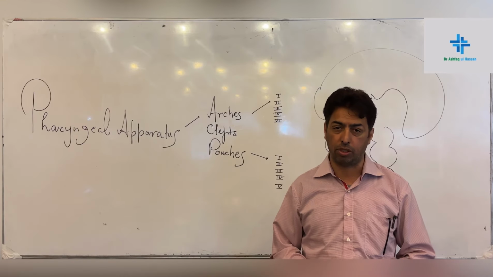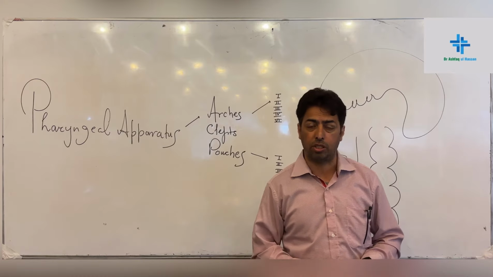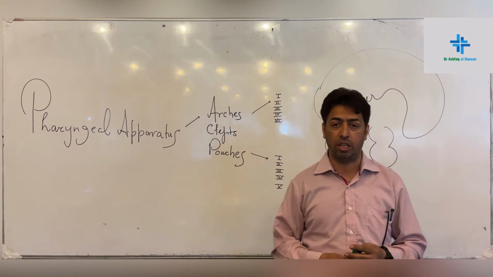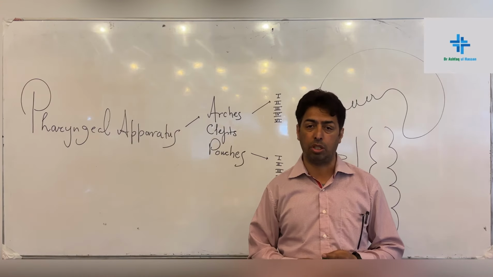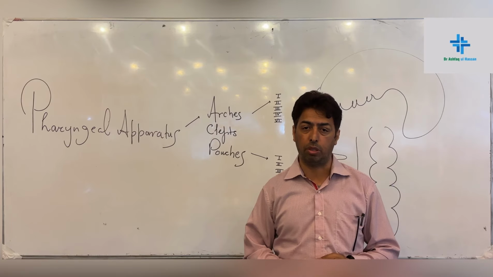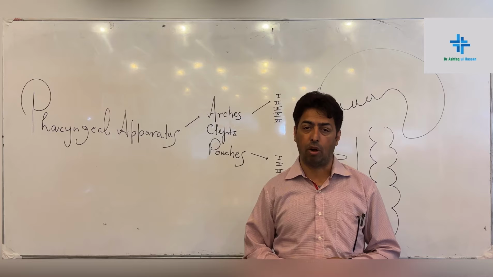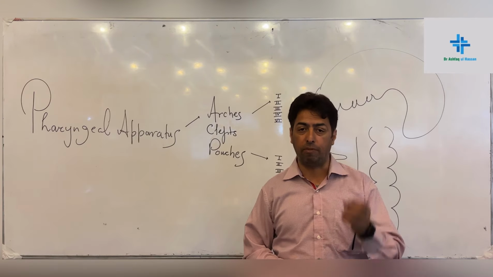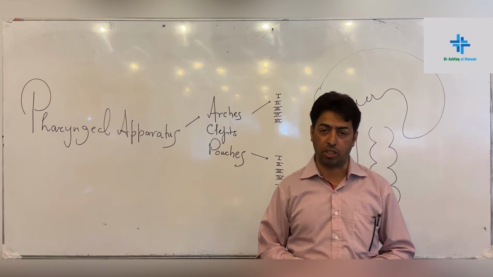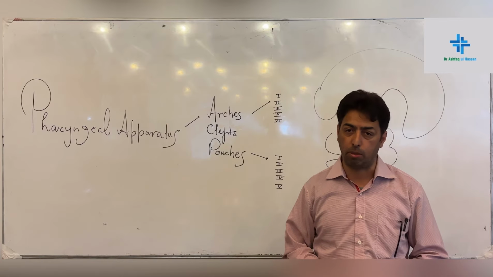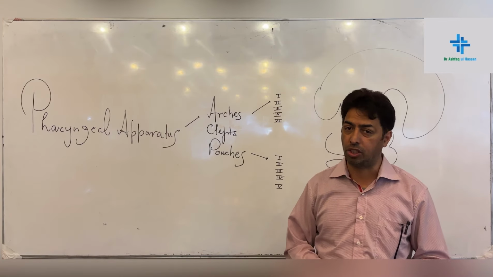As far as pharyngeal apparatus is concerned, you have to remember these three layers: the ectoderm, the endoderm, and the mesoderm. And all the three layers contribute to the development of the pharyngeal apparatus. To be very specific, the pharyngeal apparatus is composed of three important parts, as you can well see on the board.